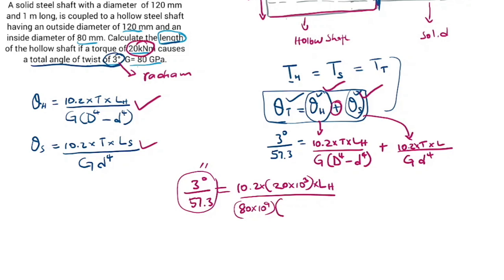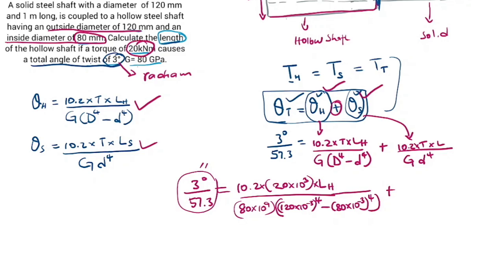Then for the external diameter, it is 120 times 10 to exponent negative 3, all to the power 4, minus the internal diameter, 80 times 10 to exponent negative 3 to the power 4, close bracket.